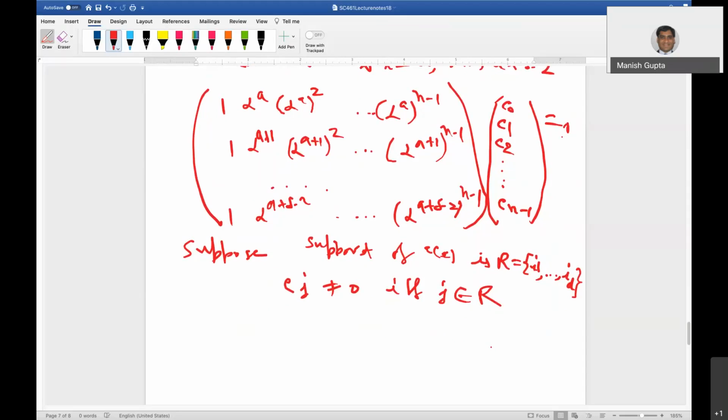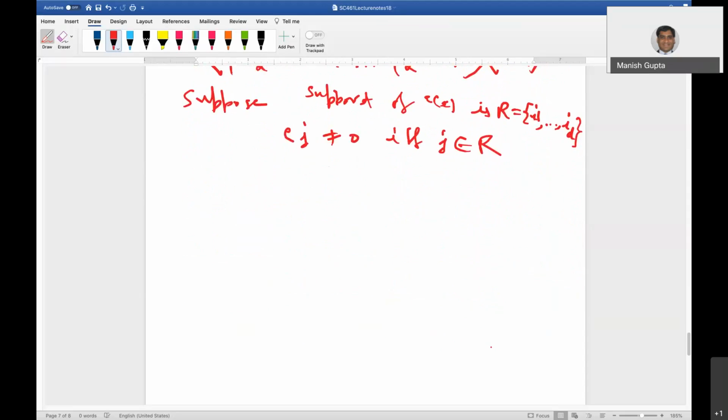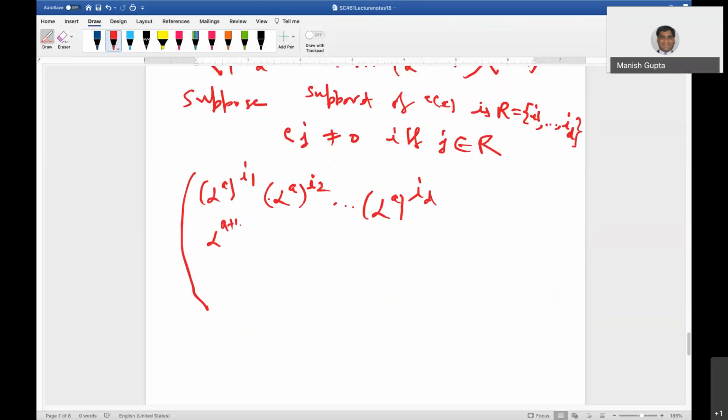In this case, what will happen? I can write down only the non-zero things. So we will have the matrix: alpha raised to power a times i1, alpha raised to power a times i2, alpha raised to power a times iD. Then alpha raised to power a plus 1 times i1, alpha raised to power a plus 1 times i2, alpha raised to power a plus 1 times iD.